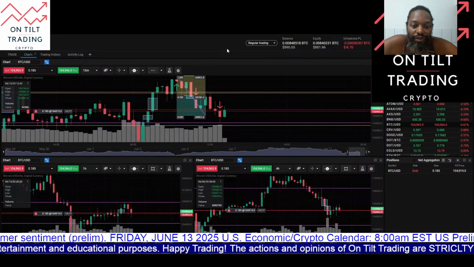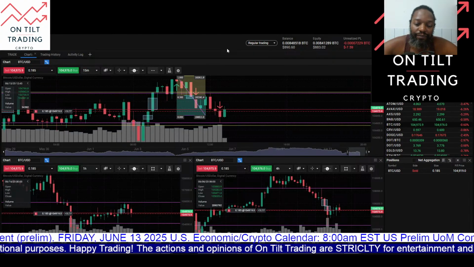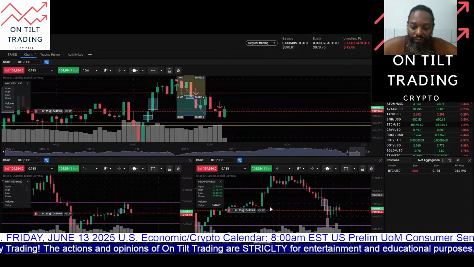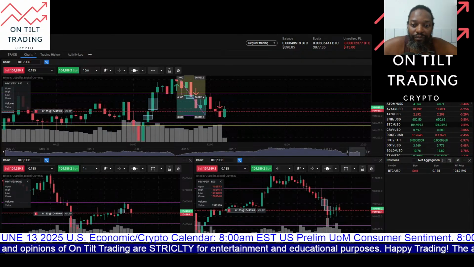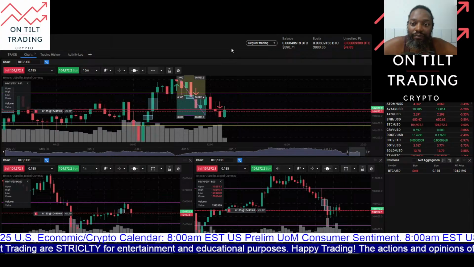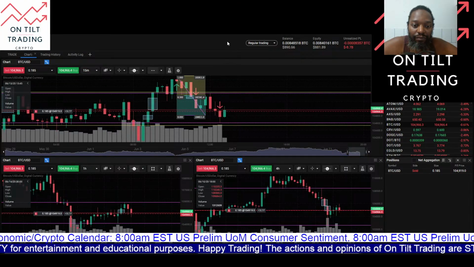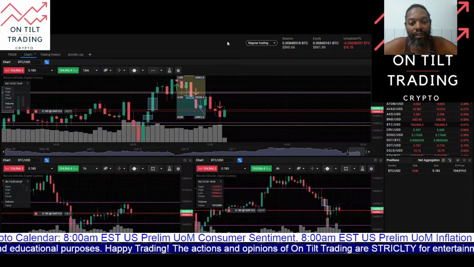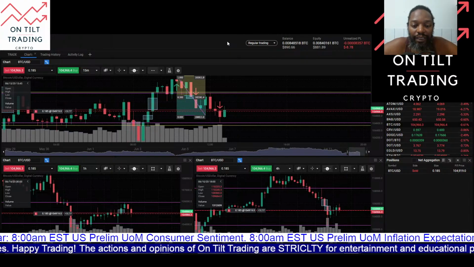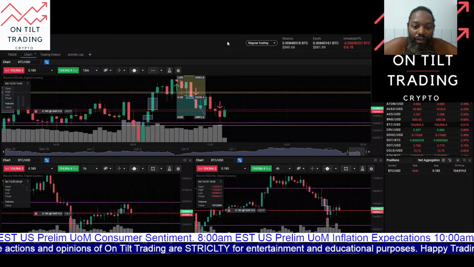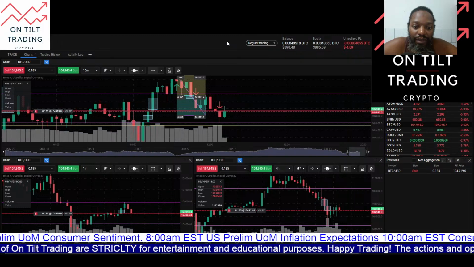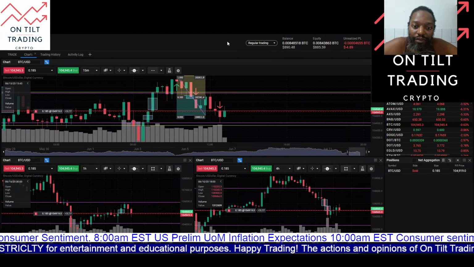Still showing some strength. See whether or not price returns to retest that reaction area, or if it goes down to retest my entry, whichever it does first. We'll see.